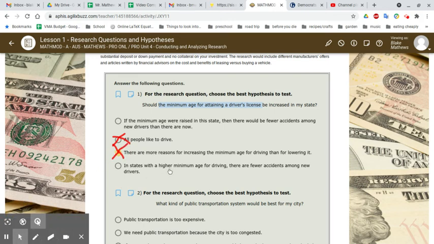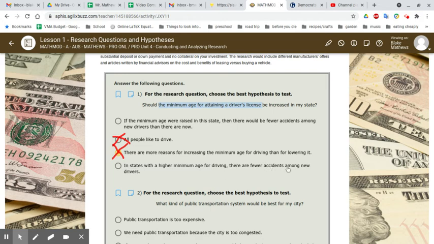All right. In states with a higher minimum age for driving, there are fewer accidents among new drivers. Okay, so this is an interesting one because it has to do with minimum age and it's also measurable. So here's the question: which one of these is a better answer? Because they do both address the topic of minimum age for driving and they're both measurable.